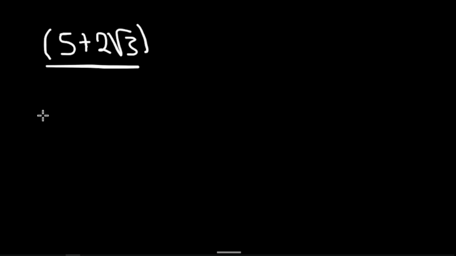So let's say we've got 5 plus 2 root 3, and I'm just going to put this in brackets for simplicity's sake, and then this is over 2 plus the root of 3.